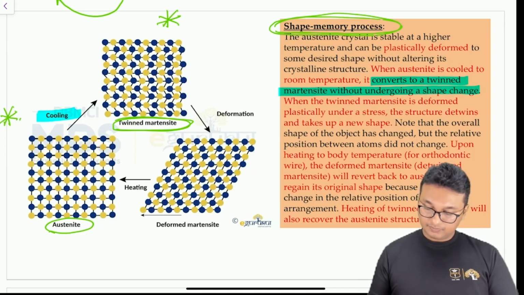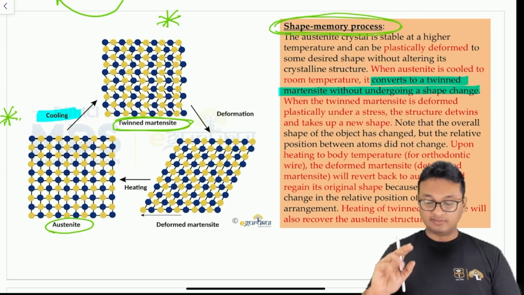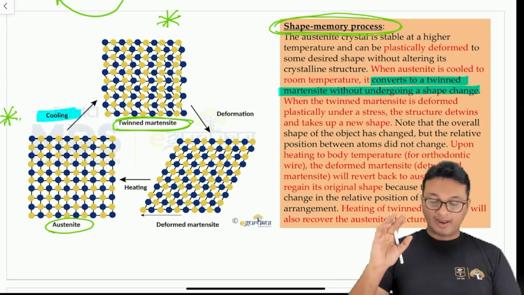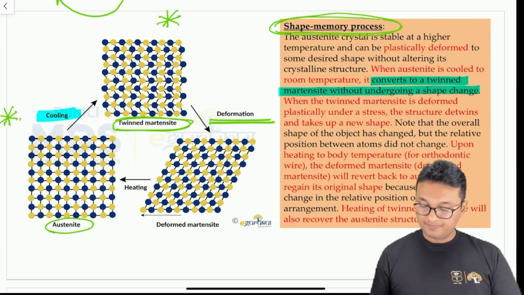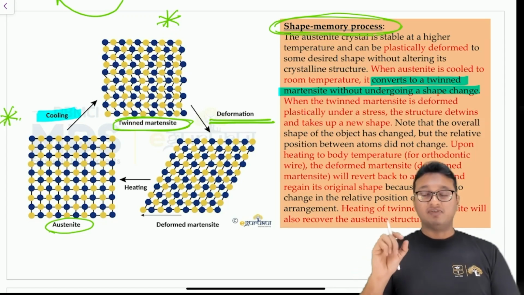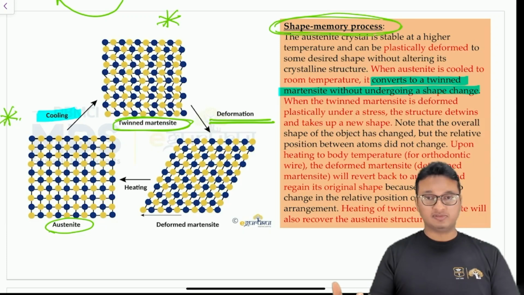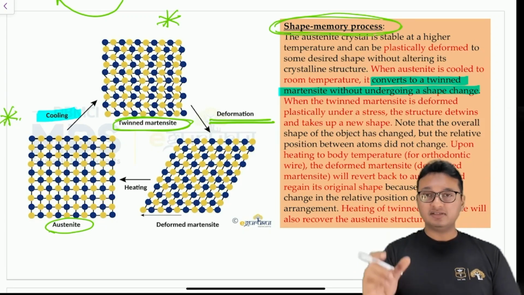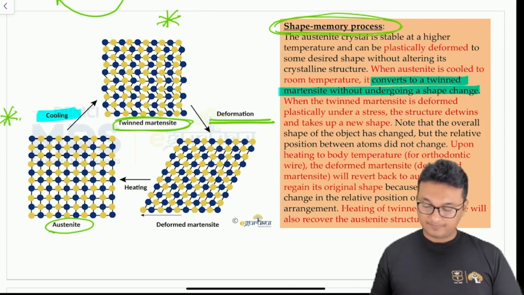Now, if the cooling has resulted in formation of twinned martensite, and the twinned martensite is deformed further, it forms a deformed martensite. That means whenever the nickel titanium wire is subjected to any shearing stresses or external forces, it changes its structure, its configuration, its spatial arrangement of the atoms within the crystal lattice, right?